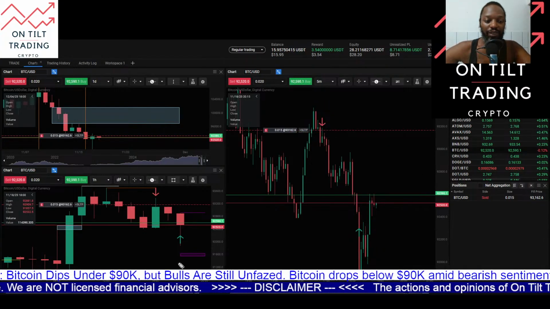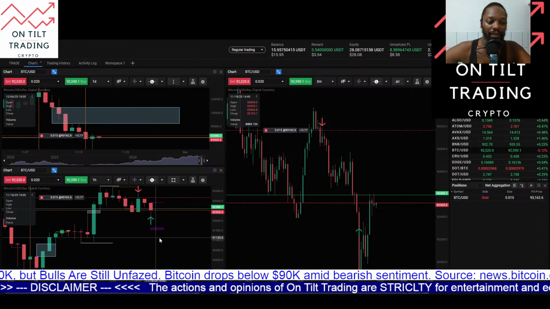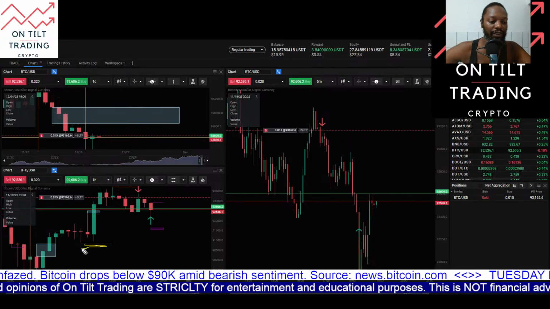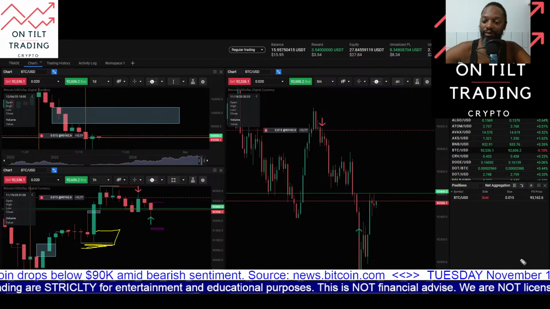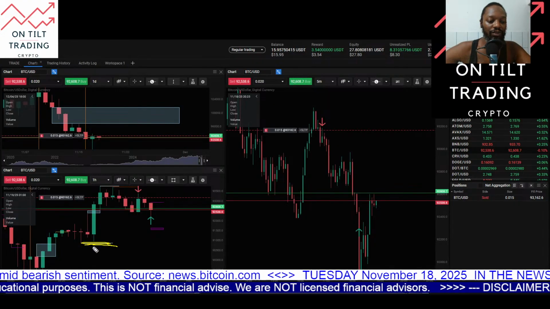And then for potential targets coming up, I am looking at the sell side liquidity resting below the New York AM session.